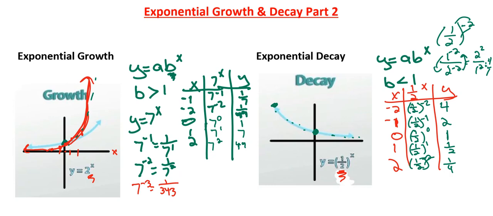So if we go back and then plot these points, we know we have 0, 1, so that's the first point there. Then you would have 1, 1/2, 2, 1/4.